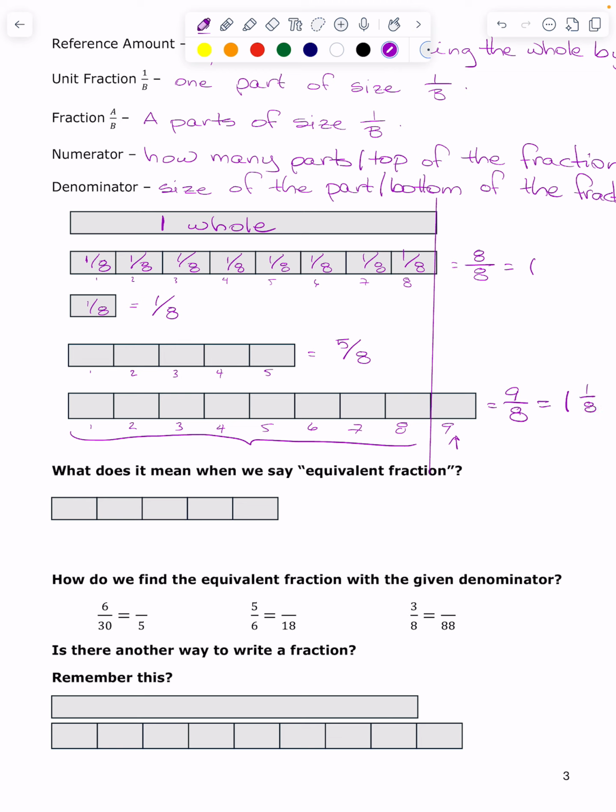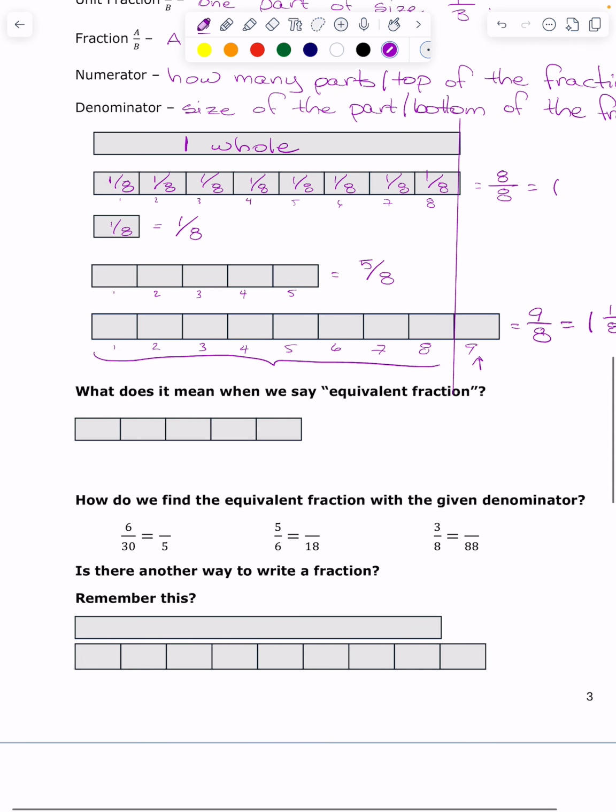So as we convert from improper fractions where we have a bigger number in the numerator up top, we can convert that to a mixed number and count how many whole parts we also have. Okay, so we're going to use this fraction bar from above where we had 5/8. Think about what would happen if I divided each of these 8s in half.